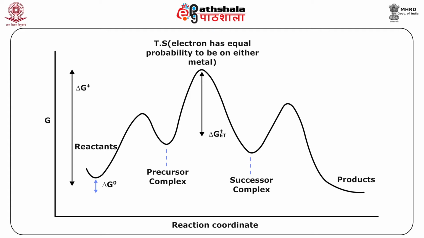So how does the plot go? Reactant, then precursor complex, then again it goes to the transition state, most high in energy, where the electron has equal probability to be in either of the metal complexes, and then the electron transfer takes place, and at this unstable stage it comes down and forms a successor complex.